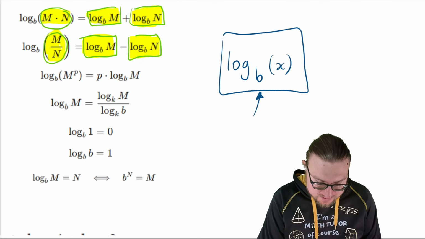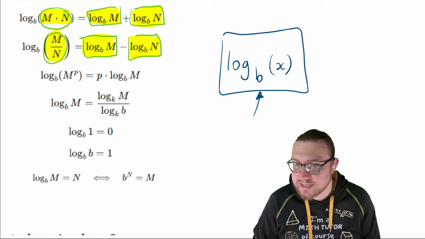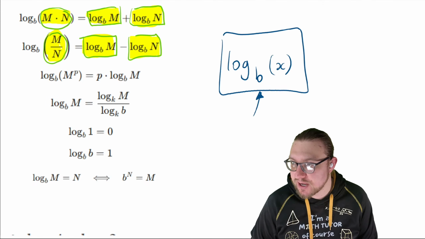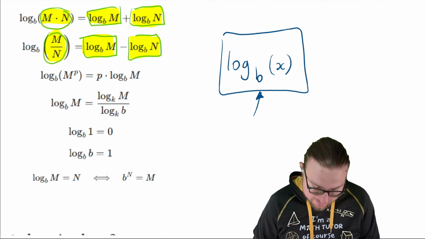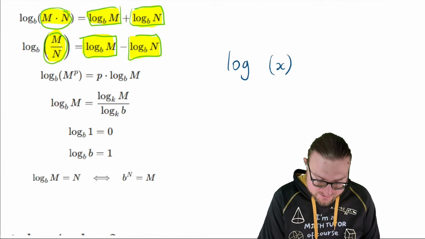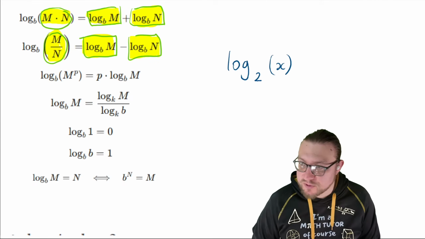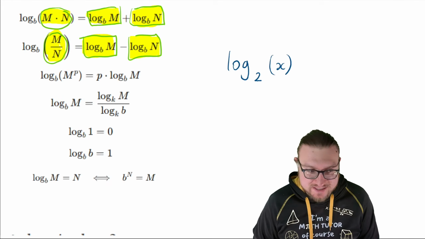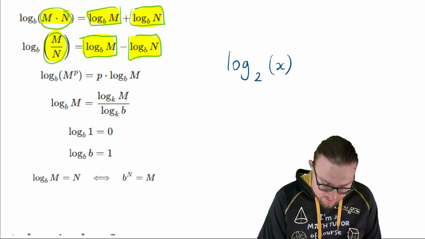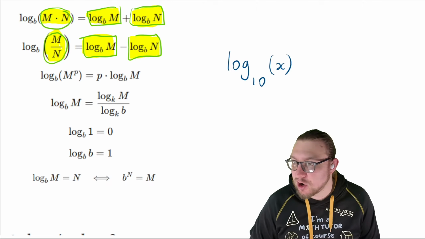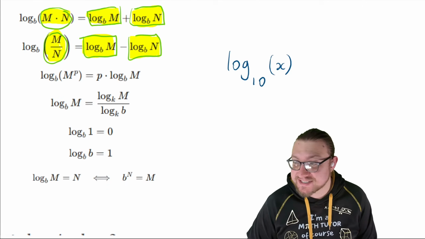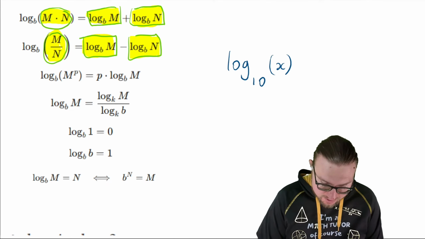Now this here can also be a special number. A lot of the times when you have logs, people are not very happy with what number people choose as a base. In computer science, a lot of people like using log 2. A lot of mathematicians like log 10. Also statisticians like log 10.